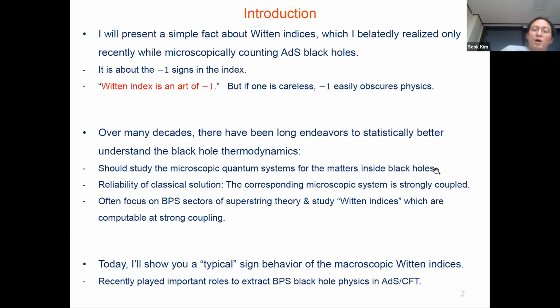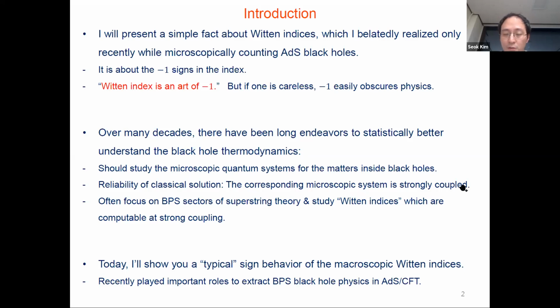Okay? And in order for the corresponding classical solution of black holes to be reliable, so that all these geometric realizations of thermodynamic behaviors can be trusted, somehow it always turns out that in this regime where classical solutions are reliable, the corresponding microscopic quantum system always turns out to be strongly coupled. So one has to count the microstates and do thermodynamics at strong coupling.